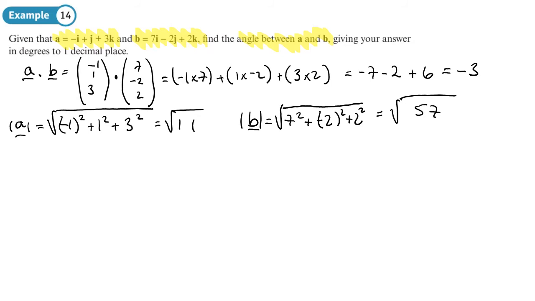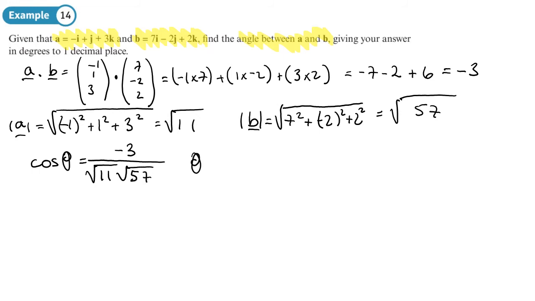Okay, so now they can go into the formula. Let's find the cosine of the angle. So A dot B, -3, over the length of A times the length of B. So that's root 11 times root 57.